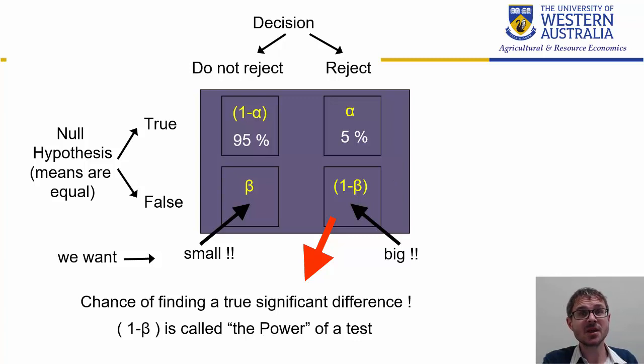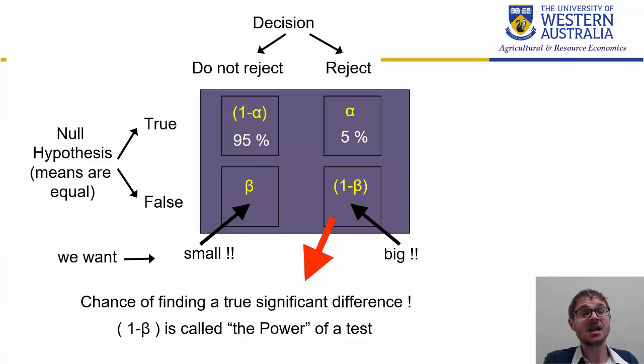And if you think about the way that we progress science and the method of investigation, we're looking for cases where the null is false, that is, that there is some difference, there is something interesting, and that we successfully reject the null. And so that is the thing at the end there, and that's called the power of the test. So what is the chance that if the null is false, we will actually reject the null? And so I guess that's what I was leading into when we're saying, would we actually detect a difference in the previous example? How big was this power, this 1 minus beta proposition?